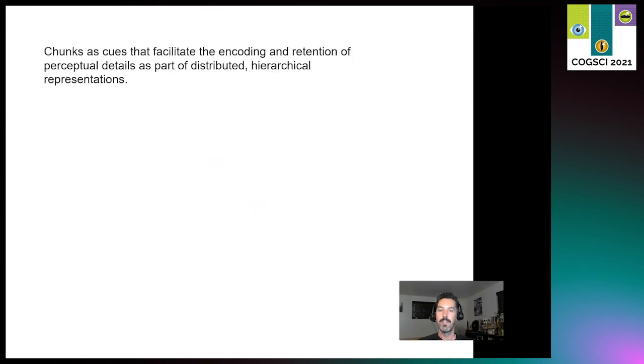We think that this view of chunking as cues that facilitate the encoding and retention of perceptual details, as part of representations that are distributed and hierarchical, can be an important step in understanding the role of chunking more broadly in visual working memory and perception.